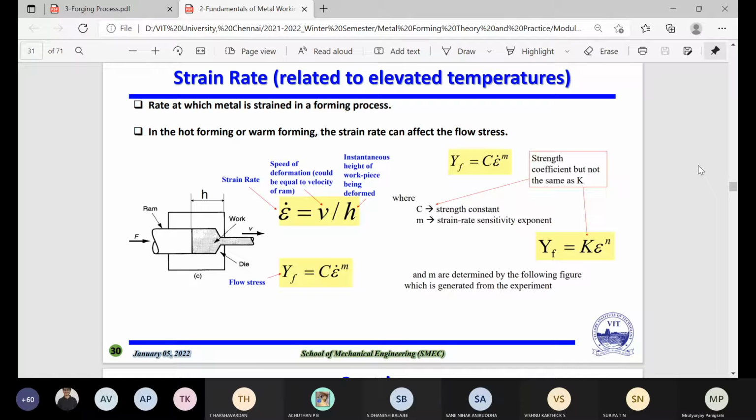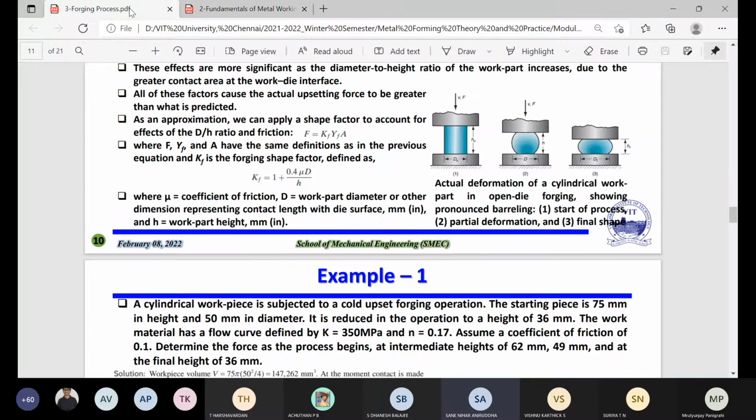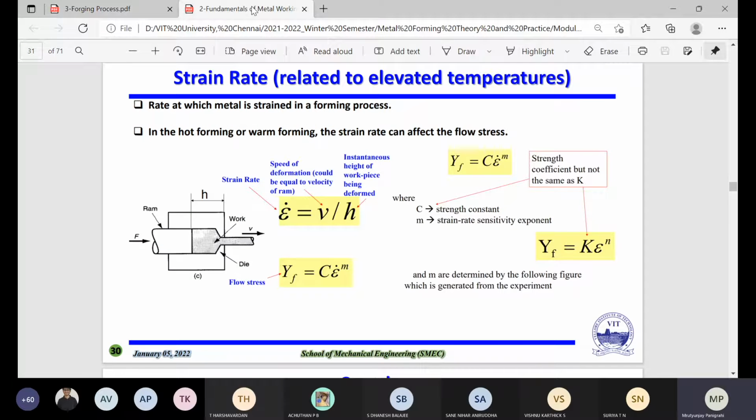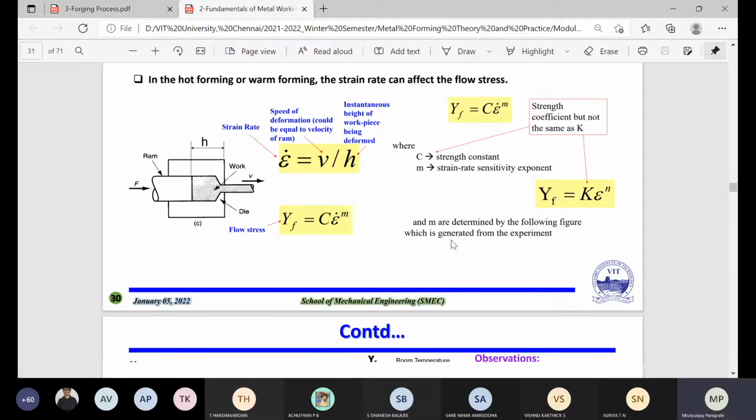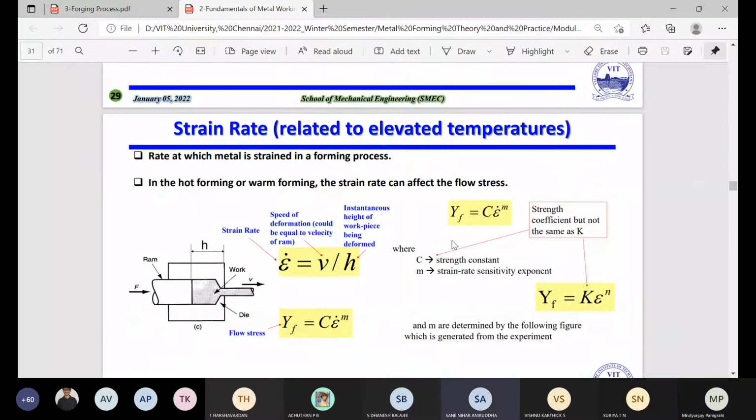Okay, sir. So all the students, please write this equation: YF equal to K epsilon to the power n. This equation you need. Divided by 1 plus n, right? There was one formula which says divided by 1 plus n. We learned it somewhere in this module itself.